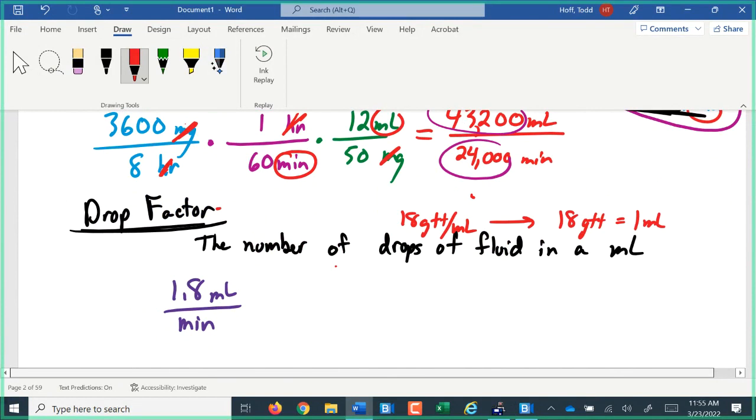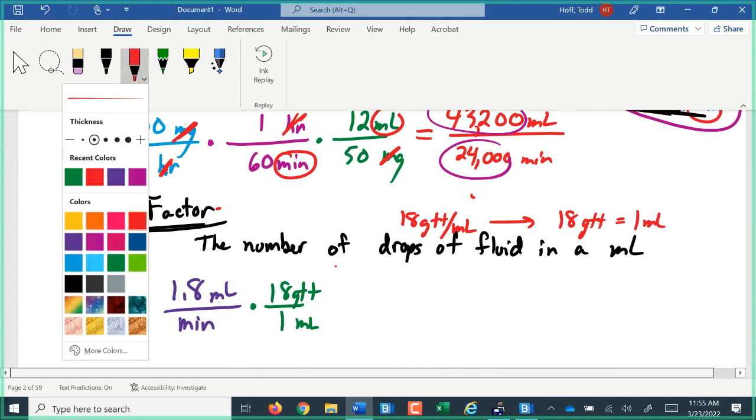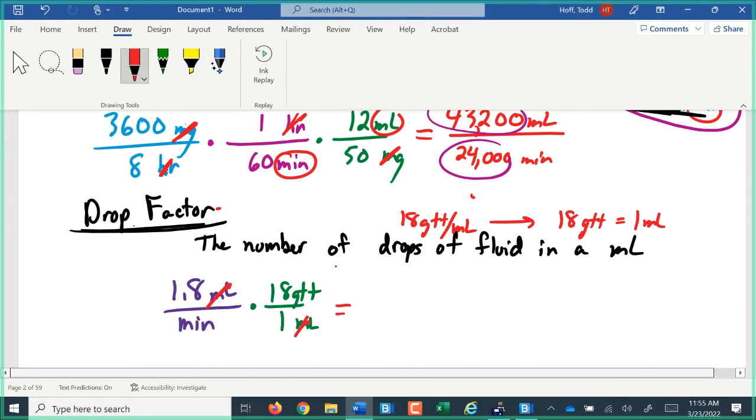And I can use that as a conversion factor. I'm getting rid of milliliters, so I'll put milliliters on bottom. 1 milliliter is equivalent to 18 drops. Milliliters cancel out, and on top I have 1.8 times 18, which is 32.4.